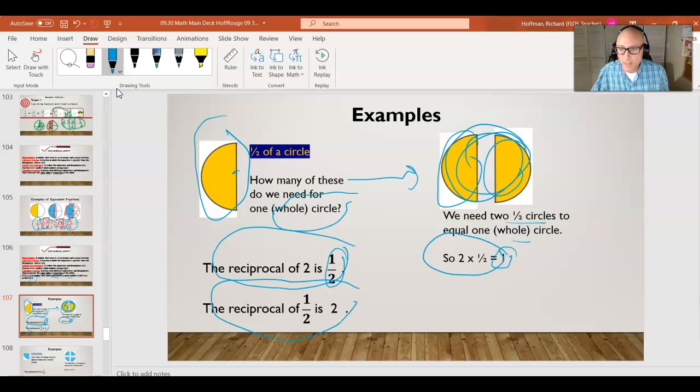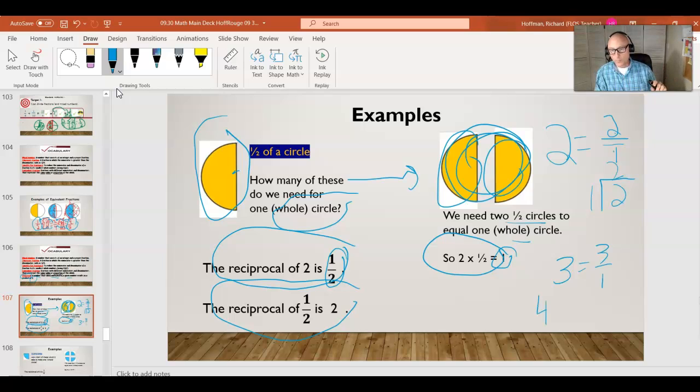Now remember, you can rewrite a whole number, which I don't think we got into this yet. You could rewrite a whole number as a fraction. How would you do that? 2 over 1. Because really that's the same thing as saying 2 divided by 1. 2 divided by 1 is 2. So how would you rewrite the whole number 3 as a fraction? 3 over 1.